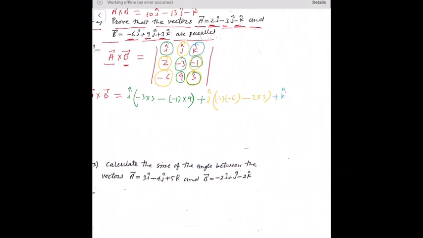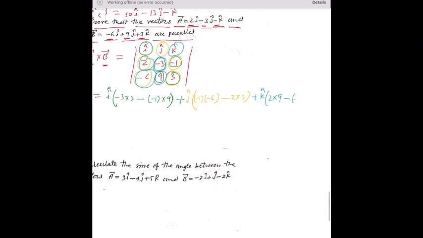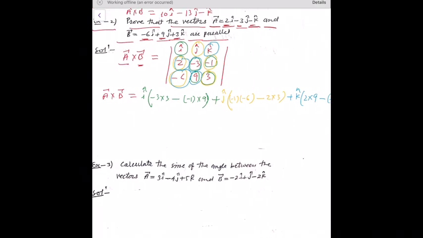Next, k cap: first you multiply 2 into 9, minus 3 into minus 6.